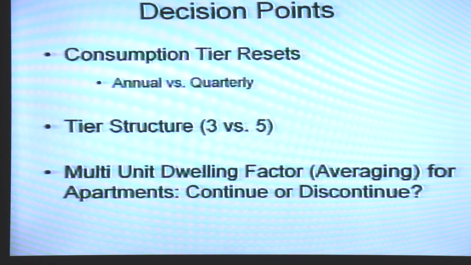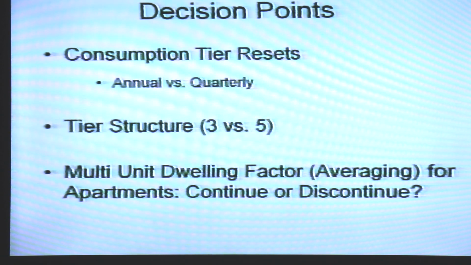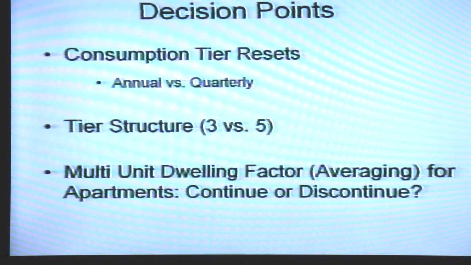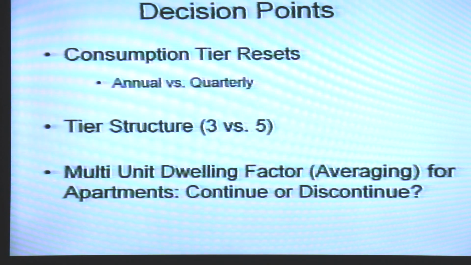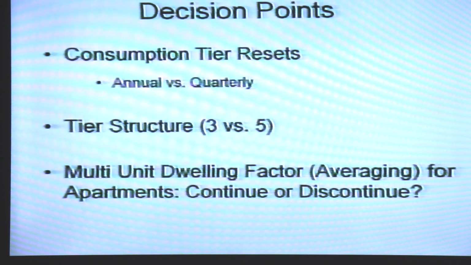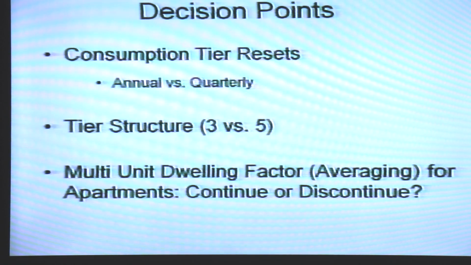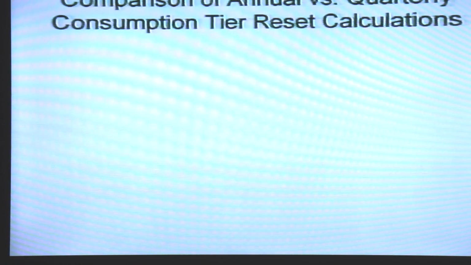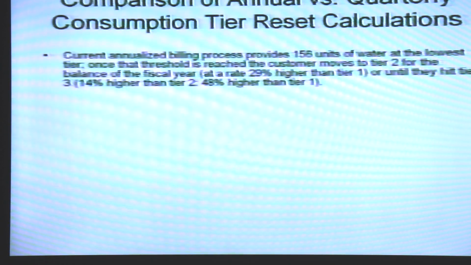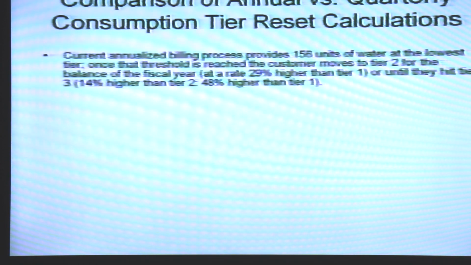The decision points for the board tonight are for consumption tier resets, annual versus quarterly, a 3-tier or 5-tier structure, and whether we use multi-unit dwelling factor, which is averaging for apartments. A comparison of annual versus quarterly consumption tier reset calculations.